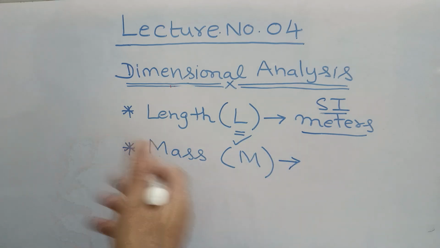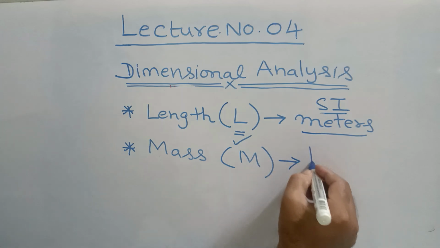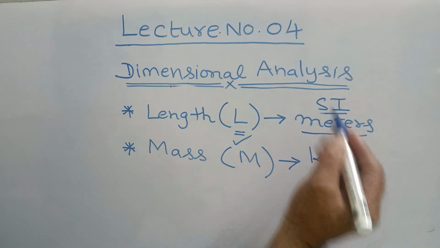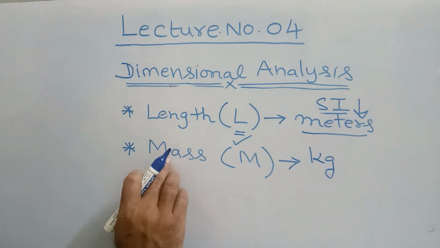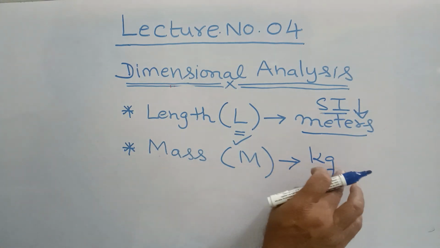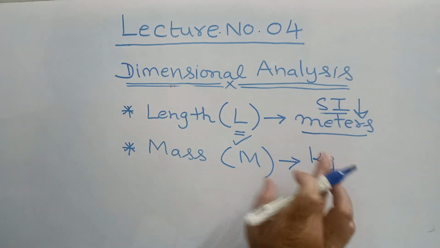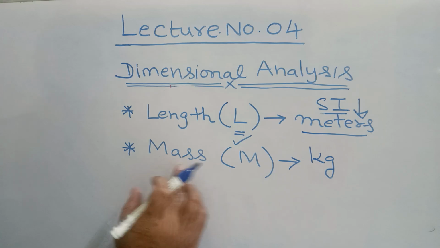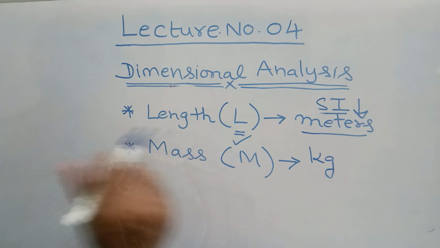Mass is the weight of any given object, and it is measured in kilograms, kg, in SI units. So kg is the unit of mass, whereas M is the dimension.